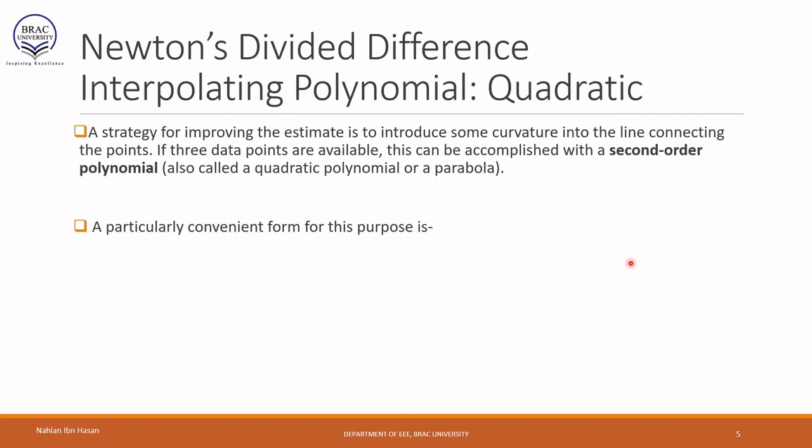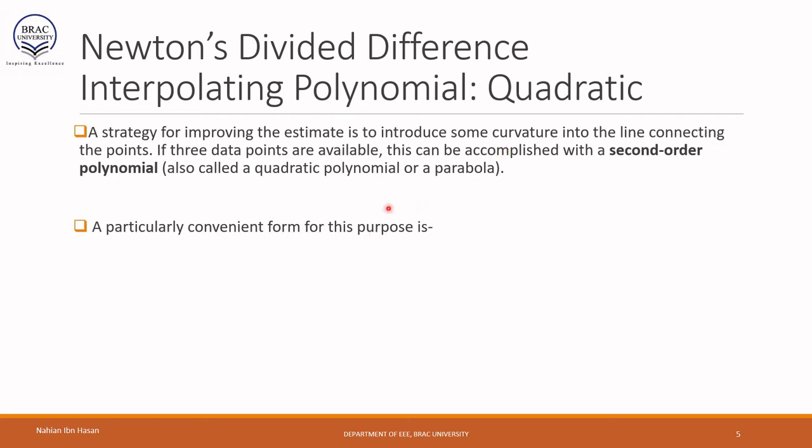But if you noticed in the figure, the straight line does not actually capture the main features of the true curve. If you remember, the true curve was a curved, parabolic curve, but we have just used a simple linear interpolation. That means using a straight line, we are just trying to find the approximated value between the data points.